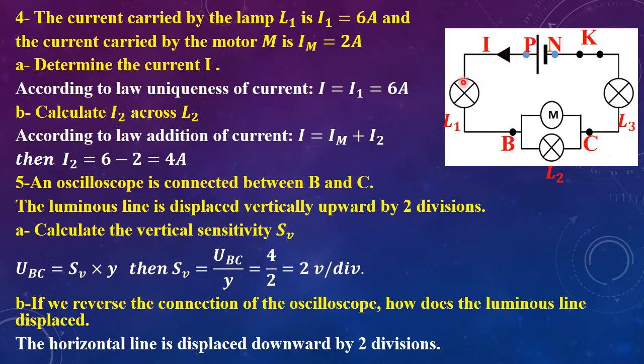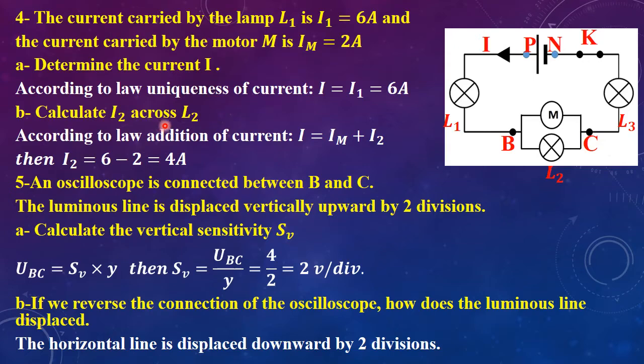The current flowing through L1 is 6 ampere, and the total current reaches L1, so the current across L1 is equal to the total current I. By the law of uniqueness of current, I equal I1 equal 6 ampere.